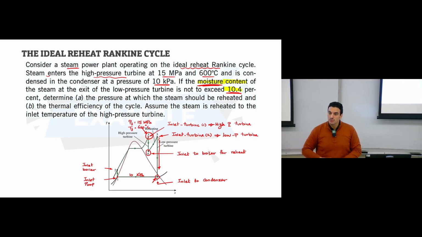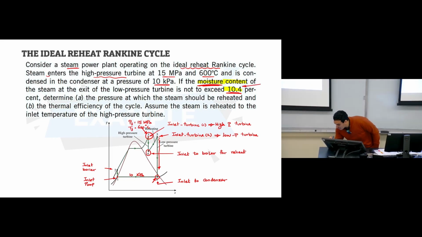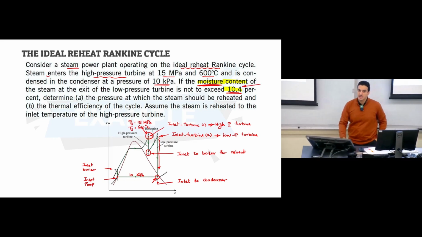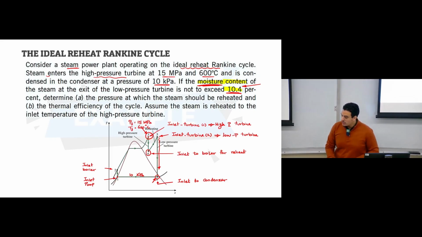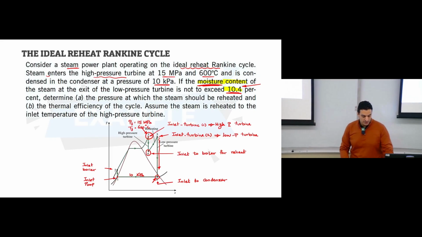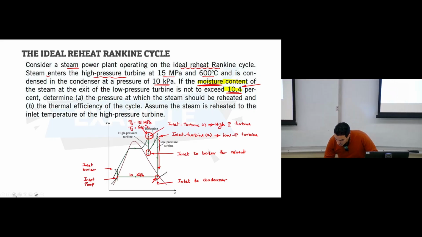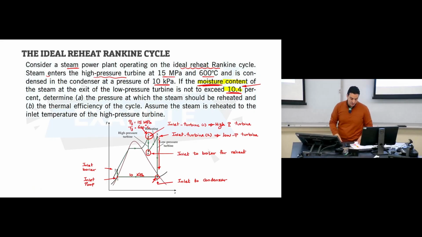There is no need to use any appendix to substitute in the quality equation. You can already find this from the given information. Is this clear? So this is what we have, and then we can put it on the figure and start the calculations.